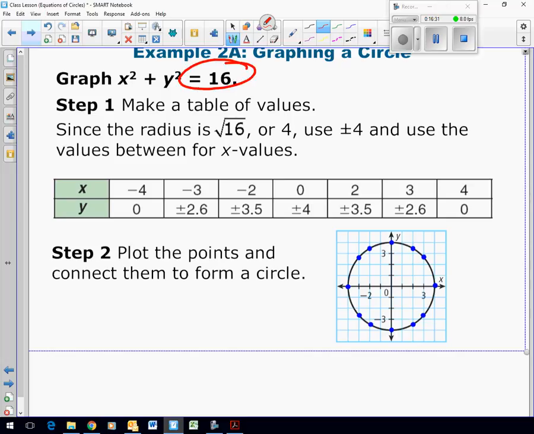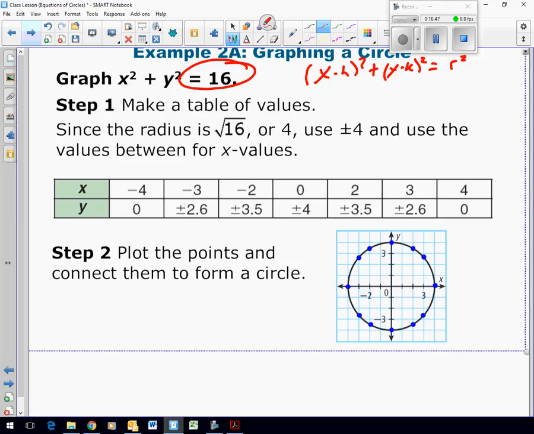The equation of a circle, x minus h squared plus y minus k squared equals what? R squared, okay?